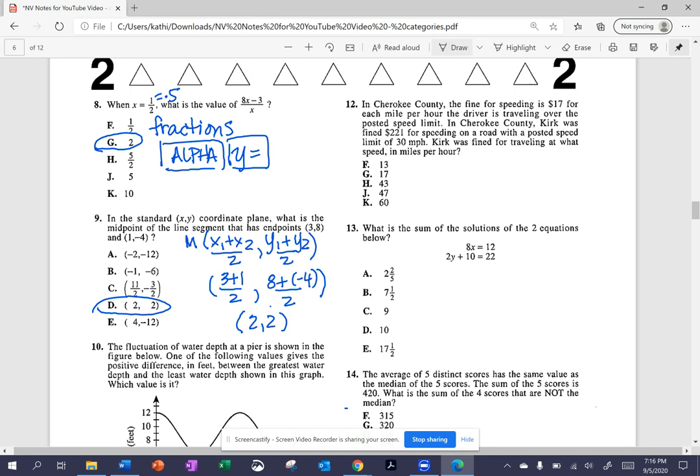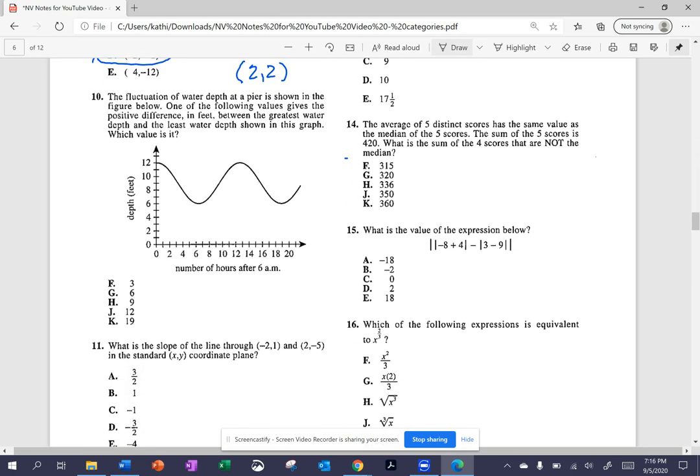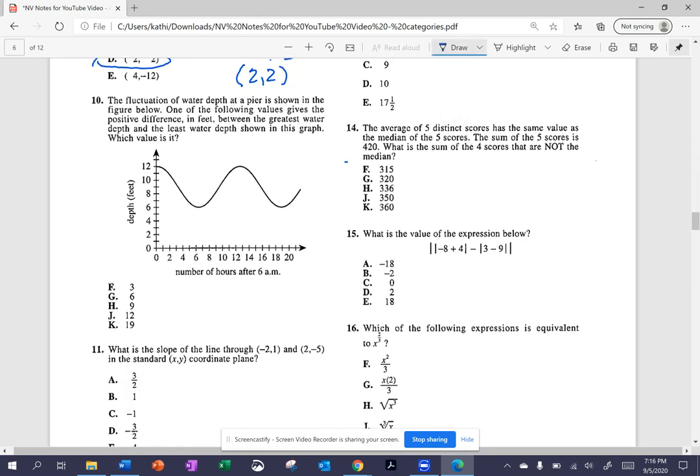All right, let's try 10. The fluctuation of water depth at the pier is shown in the figure below. Which of the following values gives the positive difference in feet between the greatest water depth and the least water depth shown in this graph? What value is it?